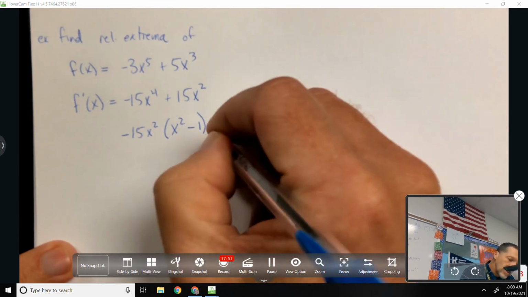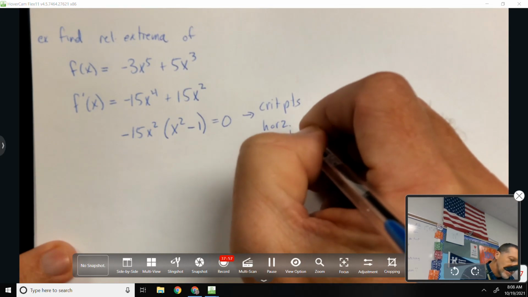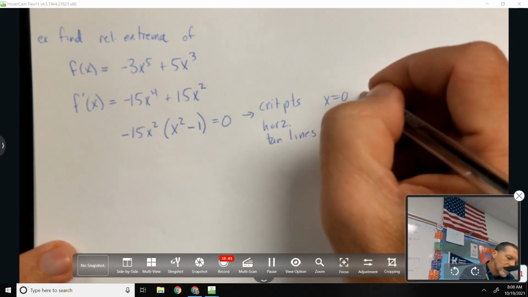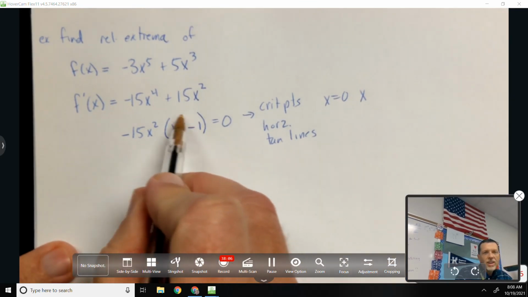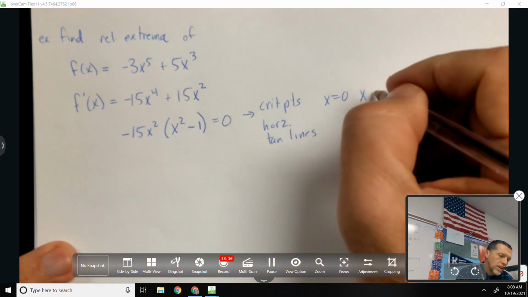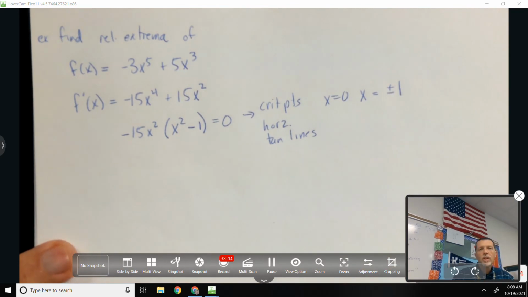And since it's equal to 0, I'm also finding my horizontal tangent lines. These are the possible extrema. So x equals 0 right there. What else might x be? Plus or minus 1. You can write them separately, or you can just write plus or minus 1.